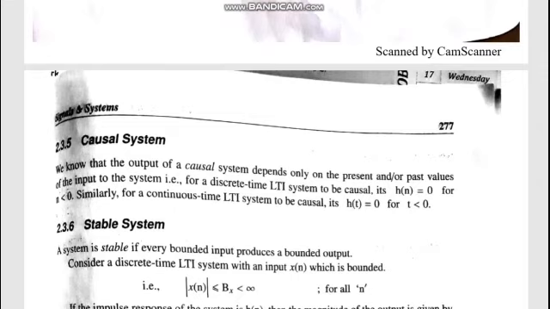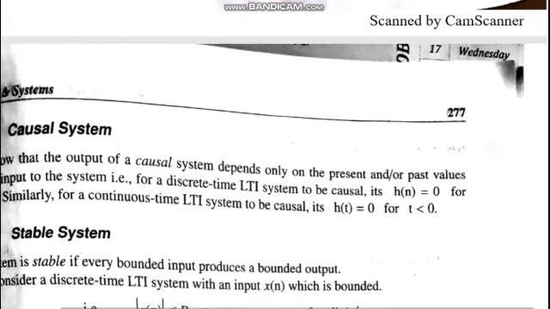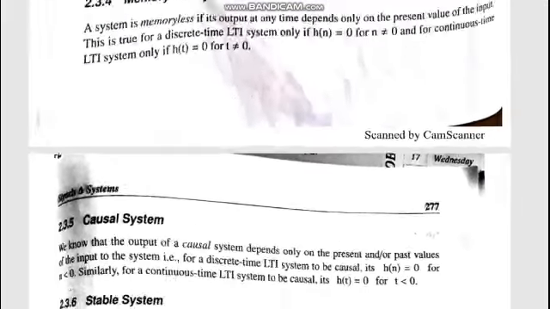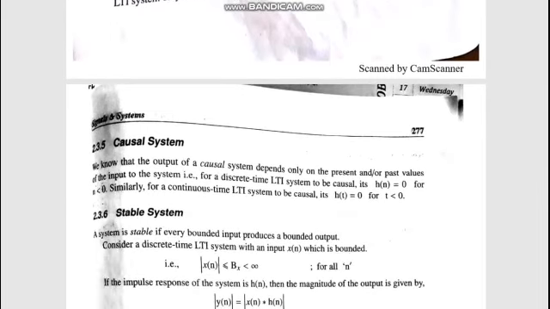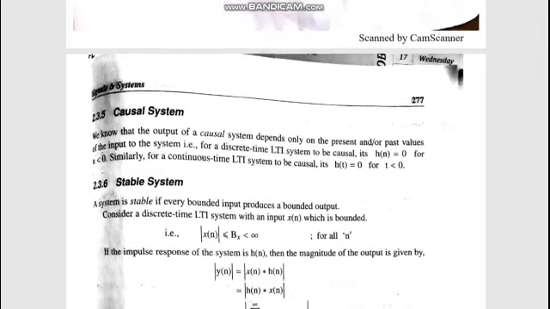So just understand here, causal system means the output depends only on the present or the past value, not on the future. You can see the memoryless system depends only on the present value, whereas the causal system depends on the present as well as the past value.